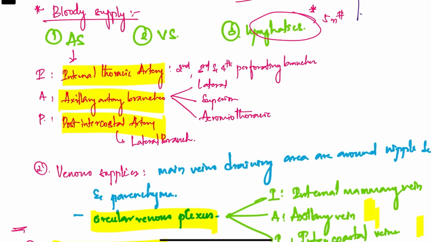Then coming to blood supply, I want to inform first year students that if they ask about blood supply, don't only write the arterial or venous supply. You need to incorporate all three sections which come under blood supply: arterial supply, venous supply, and lymphatics. In every topic there will be some important point related to arterial, venous or lymphatics.